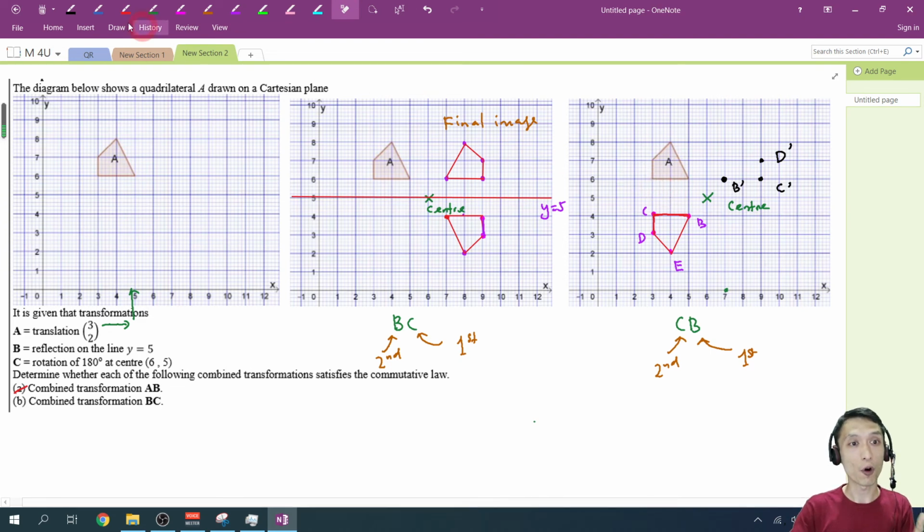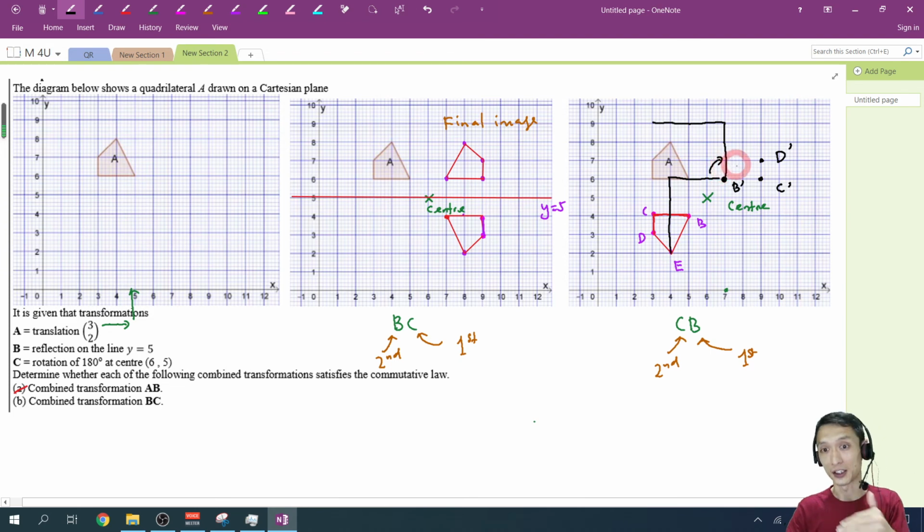We have one more point to go, which is point E.